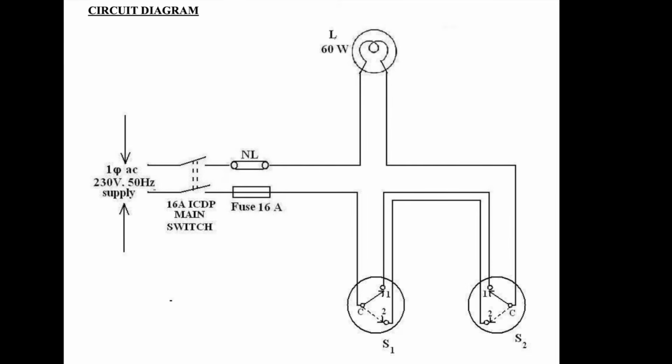Hence, when switch S1 is in position C1 and switch S2 is in position C2, there is no continuous path for the current to flow, hence the lamp remains turned off.